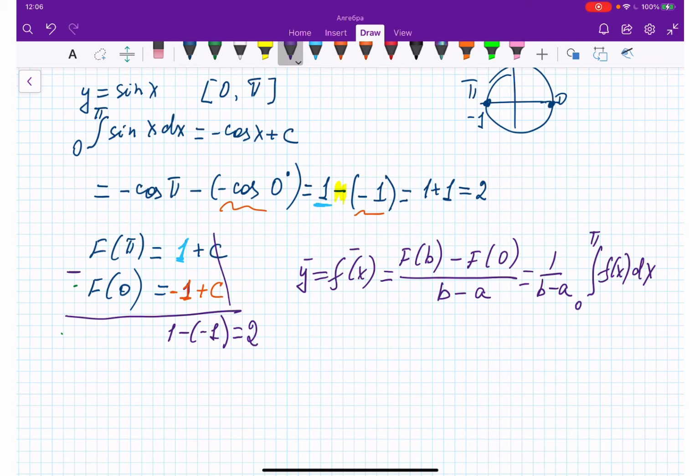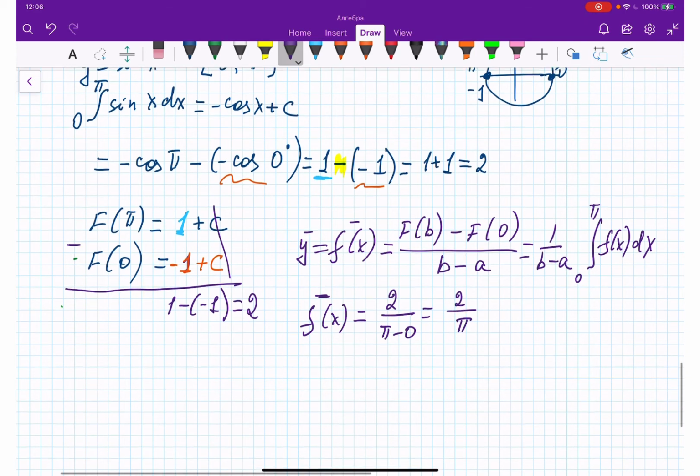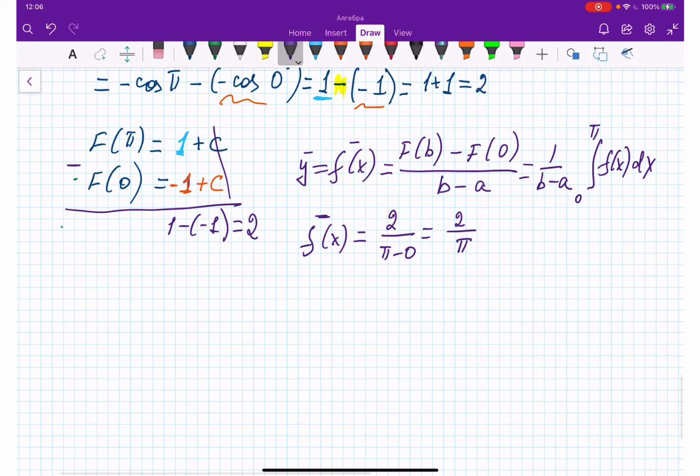Yes? Okay. So we have f of b minus f of 0, correct? So our f of x average is going to be equal to f of b minus f of 0, we have 2, divided by b minus a, which is pi minus 0, and we are getting 2 over pi. All right, this is going to be our average, 2 over pi.